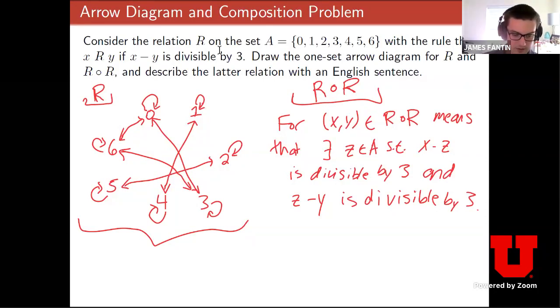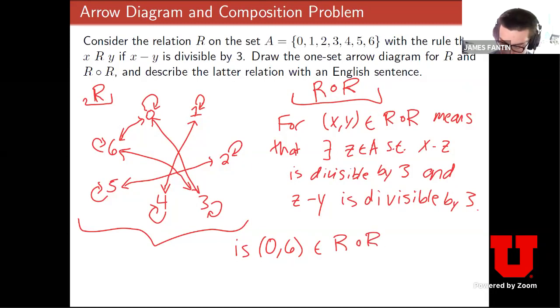Yeah, so somebody asks the question, are they the same? Yeah, they actually are the same, and let's think about why. Since these are all double arrows, let's take a look at this: is (0, 6) an element of R composed R?